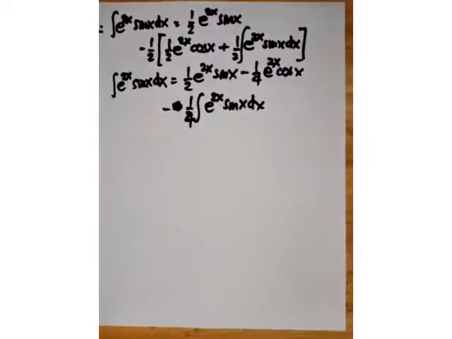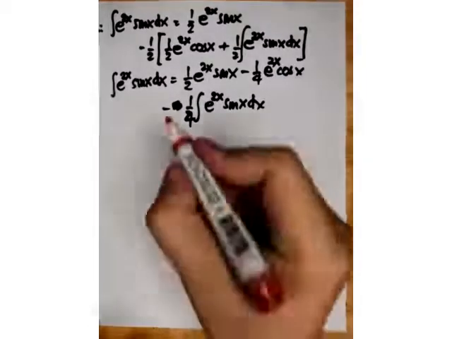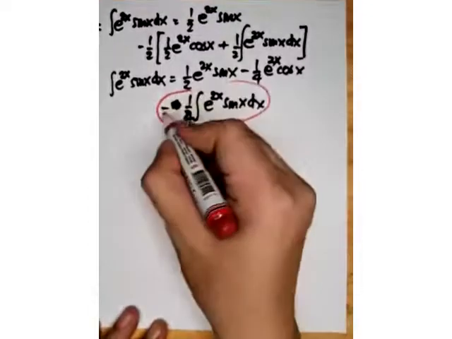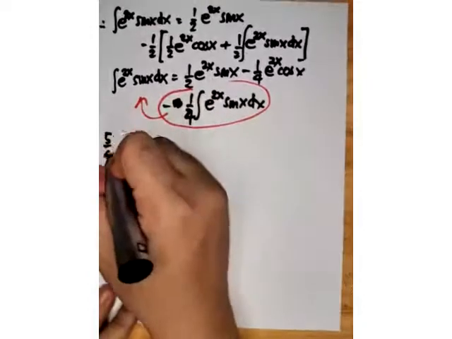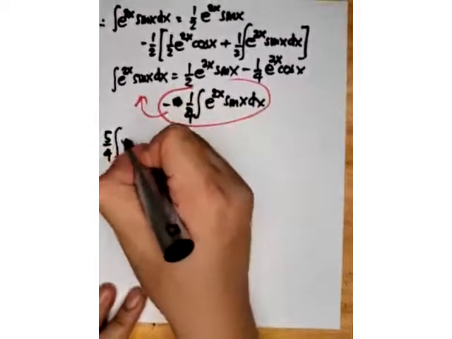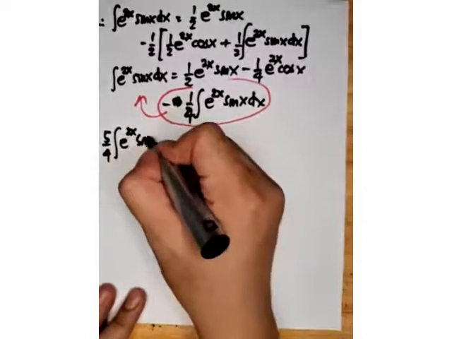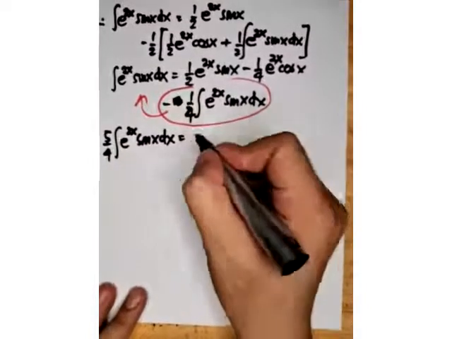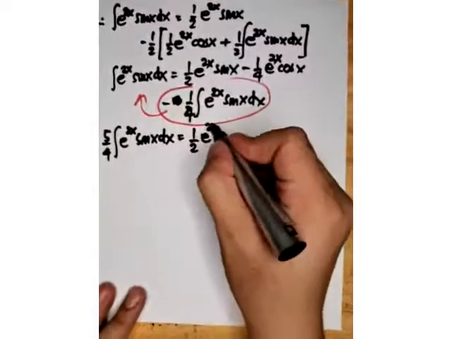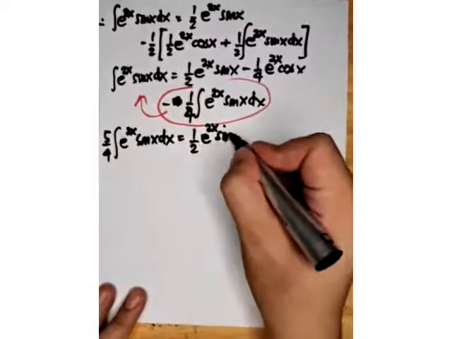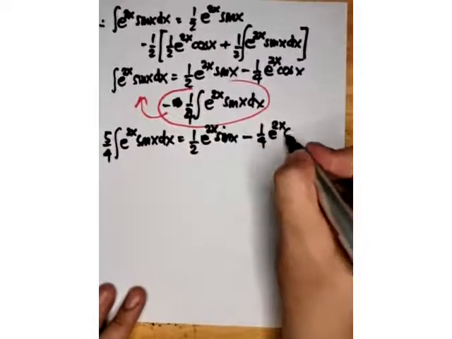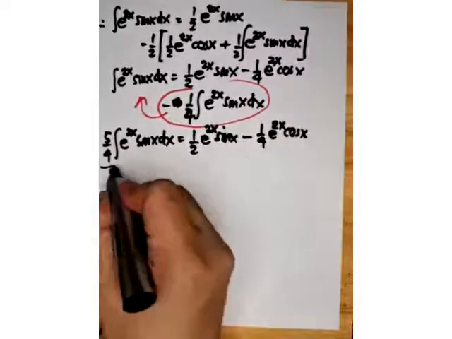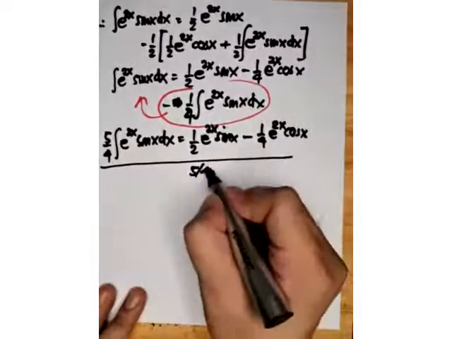Since they are the same integral again, we transpose it to the other side. It becomes 5/4 the integral of e raised to 2x sine x dx is equal to 1/2 e raised to 2x sine x minus 1/4 e raised to 2x cosine x. And we divide by 5/4.